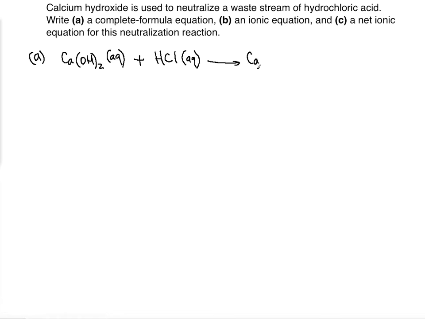Now again, calcium has a charge of 2 plus, and chlorine has a charge of 1 minus, so we need 2 chlorine ions per every 1 calcium ion, right? And of course this is aqueous. And then we will have water, H2O, and this will be liquid.